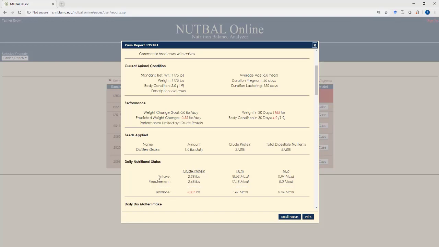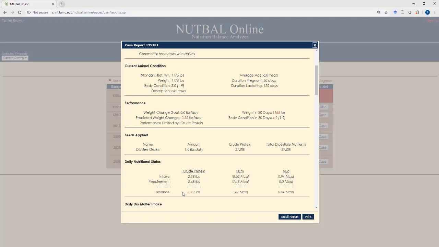So this intake value is the number predicted by NUTBAL, and then the requirement value is based on the animal parameters like breed, stage of reproduction, stage of growth. It's also influenced by how much activity your animals have per day based on your pasture information, as well as any sort of severe weather information that our weather station sources have picked up based on your location.